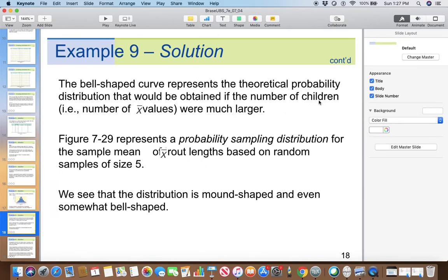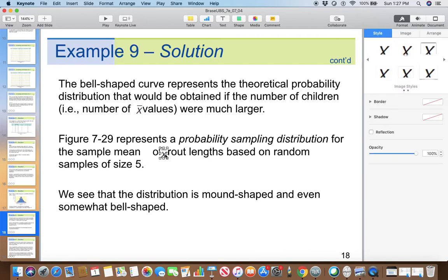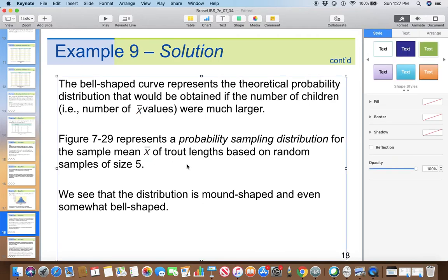So if the number of children were much higher, the bell-shaped curve would represent the theoretical distribution that would have been obtained. Now that represents the probability sampling distribution for the sample mean X bar of trout lengths based on random samples of size 5.